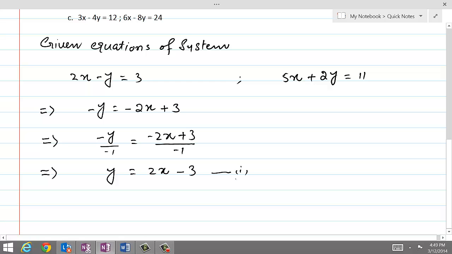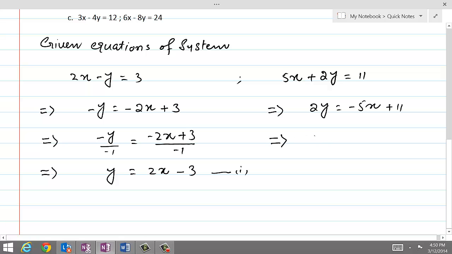Let's write it as equation 1, and similarly we are going to deal with the second equation of the system, which is 2y equal to minus 5x plus 11, and now we will divide 2 on both sides to isolate y.